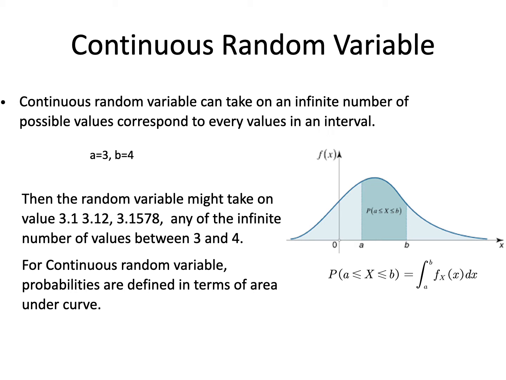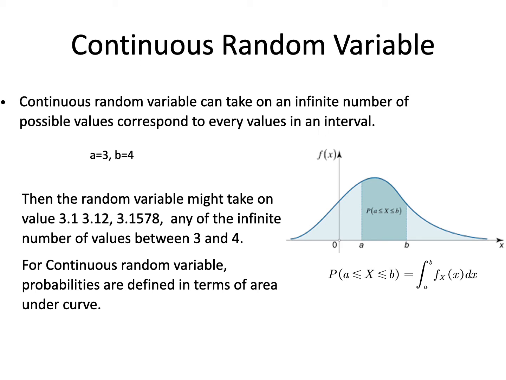The x-axis contains the values the random variable can take on, and the pdf f(x) is a function giving the height of the curve at those values of x. Here f(x) represents the height of the curve at the point x. An important notion is that for continuous random variables, probabilities are the area under the curve.